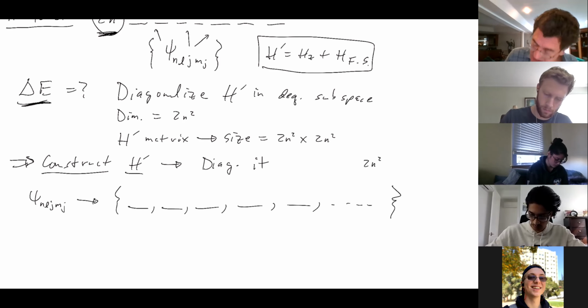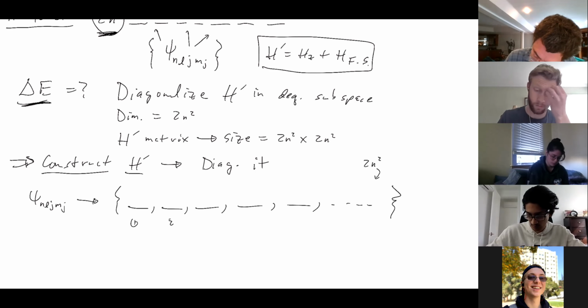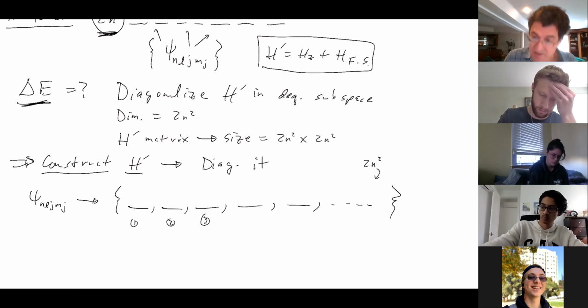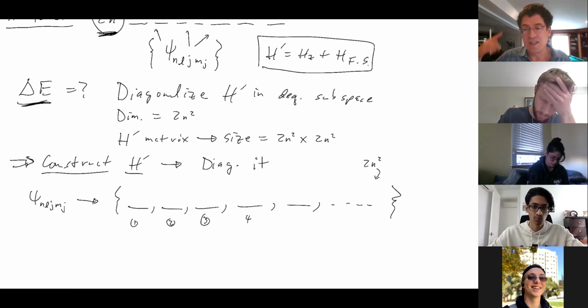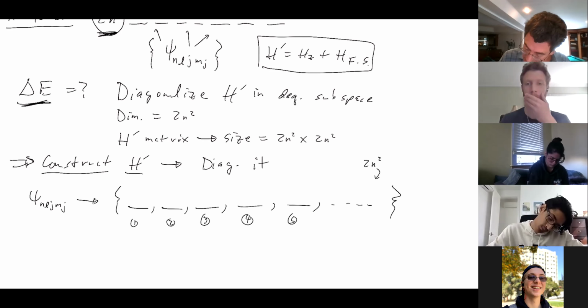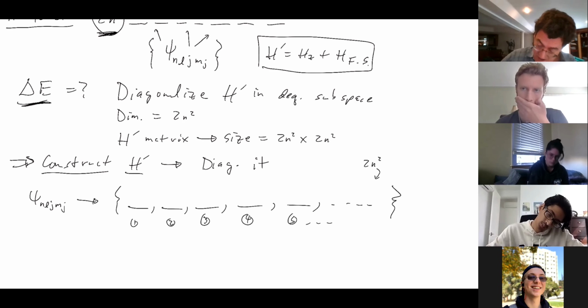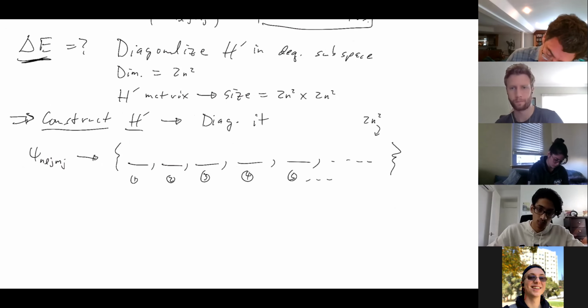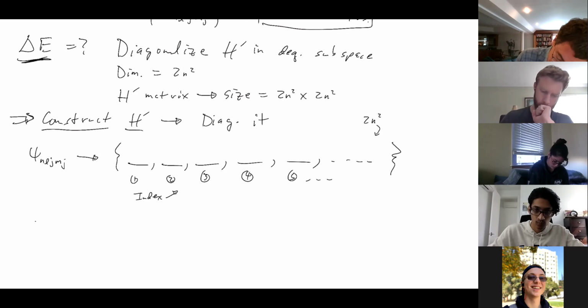We just list them, and then you give them a name. We'll call this one state 1, 2, 3, 4, 5, etc. It's really quite arbitrary. You just have to be consistent with your notation. Just index them, and then you construct by hand.